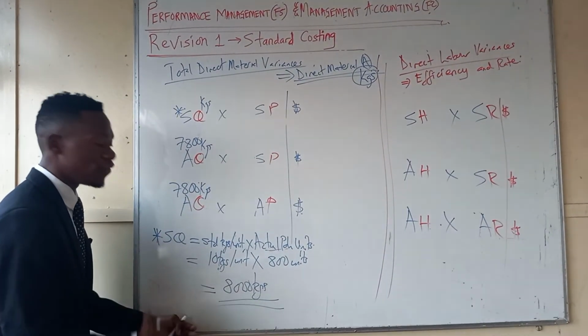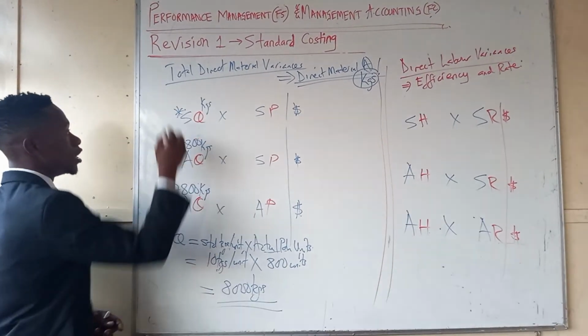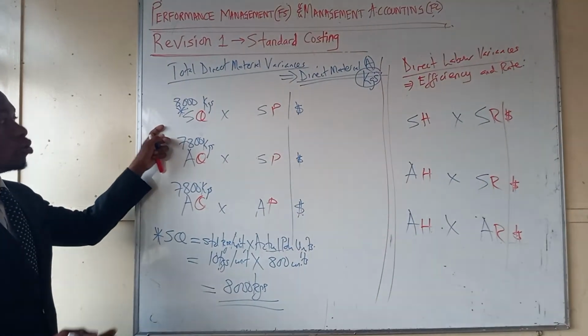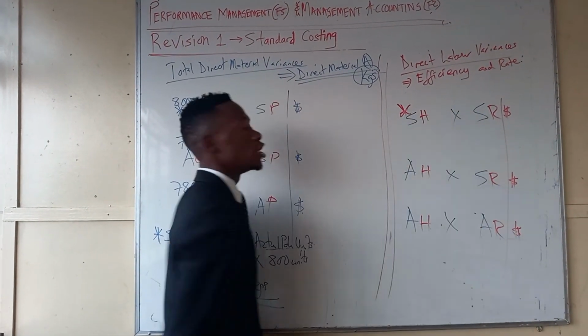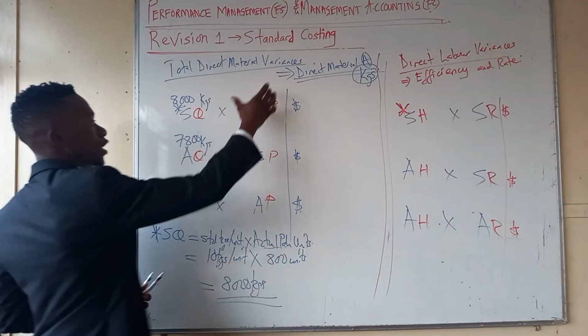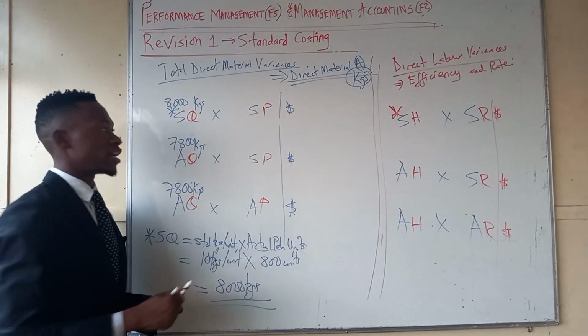That's how you flex the budget: standard kgs per unit by actual production units, then you get 8,000 kgs. The same as when you do the labor, you flex your standard hours. Easy. Then on my right side, I now need to multiply with the prices.